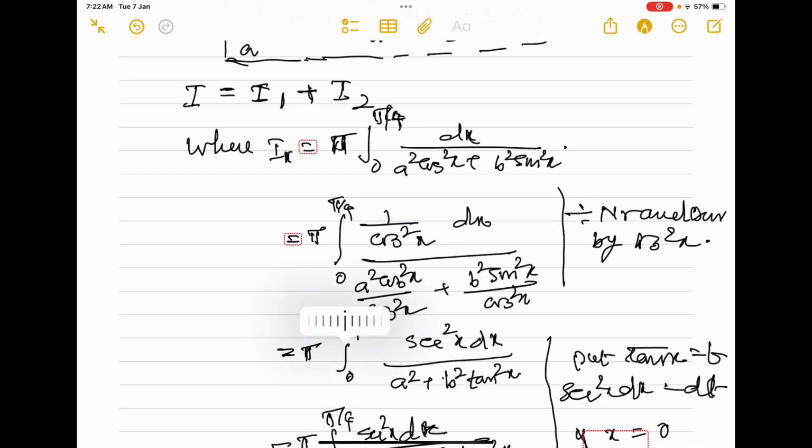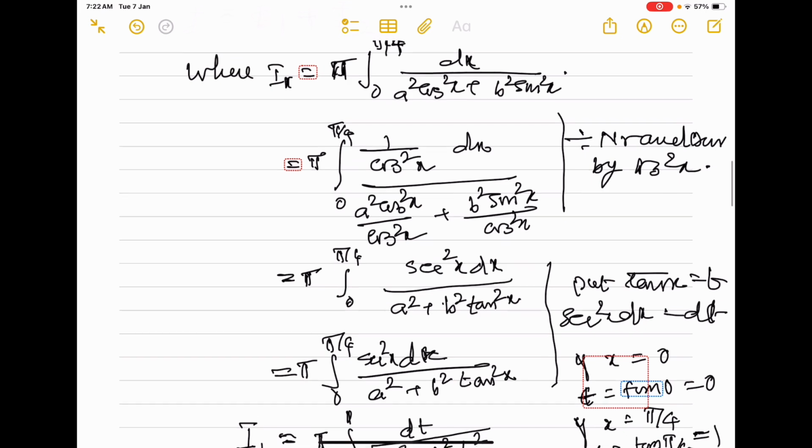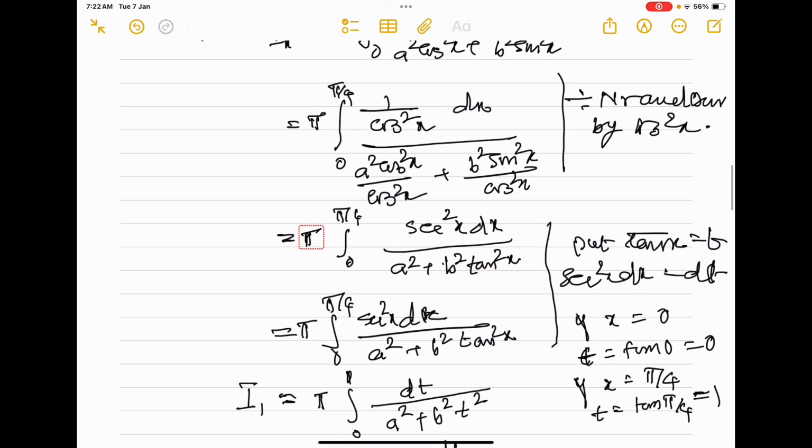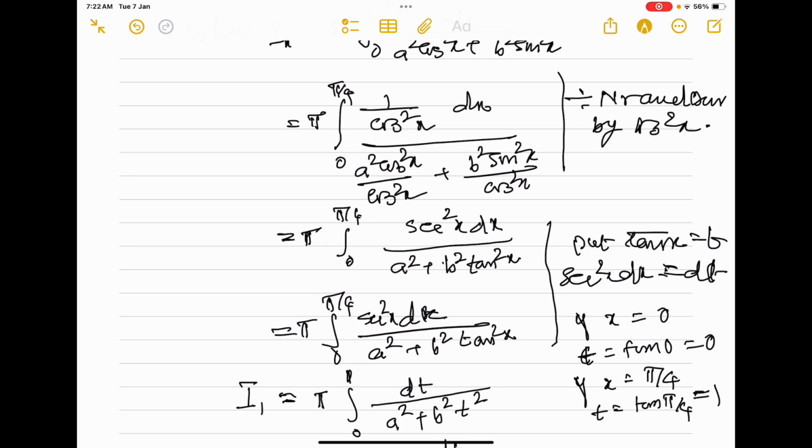Then for the integration, put tan x equal to t. Then sec square x dx equal to dt. If x equal to 0, t equal to tan 0, that is equal to 0. And if x equal to pi by 4, then t equal to tan pi by 4, that is equal to 1.